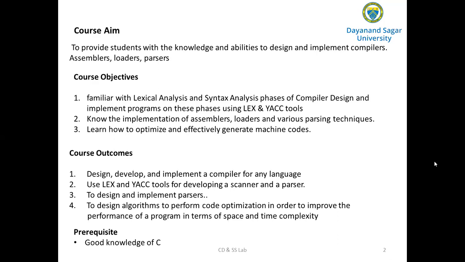And the second course objective is to know the implementation of assemblers, loaders, and various parsing techniques. Again, you will understand the implementation of the two-pass assemblers and parsing techniques. There are different types of parsers. We'll implement a few parsers, and then we'll understand the implementation of some of the loaders, such as the absolute loader.